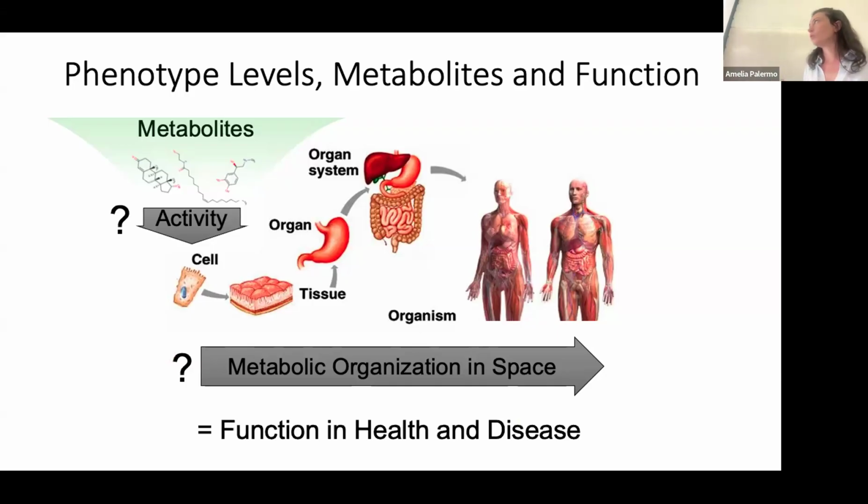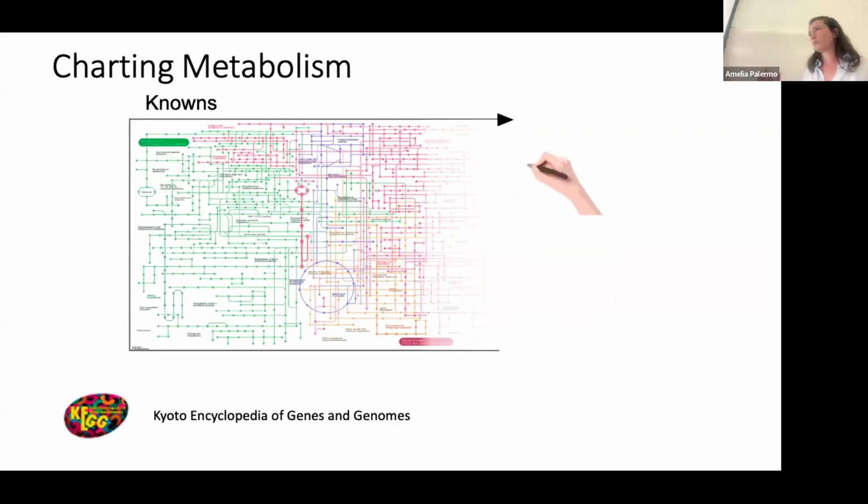So in order to answer this type of questions, we have powerful tools that fall under the umbrella of metabolomics. So the entry-level question is, how do we chart metabolism? Like, what is metabolism? What is the dimension of this space when we talk of metabolism?